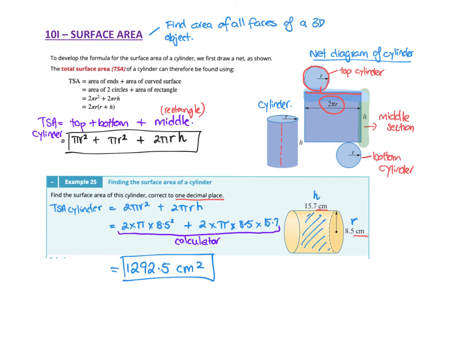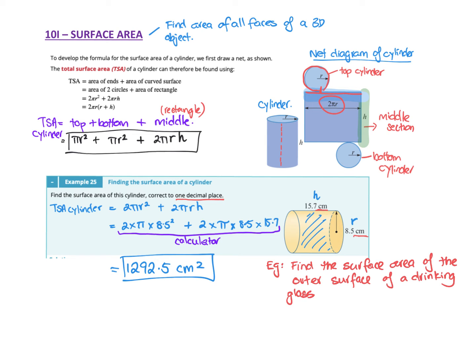Okay, so boys, what I want to talk about is you have to be very careful with what the question's asking. So if they ask you, for example, to find the surface area of the outer surface of, I'm just going to say a drinking glass, because this could be a scenario.